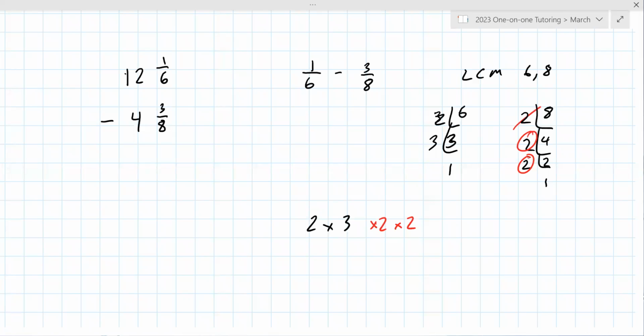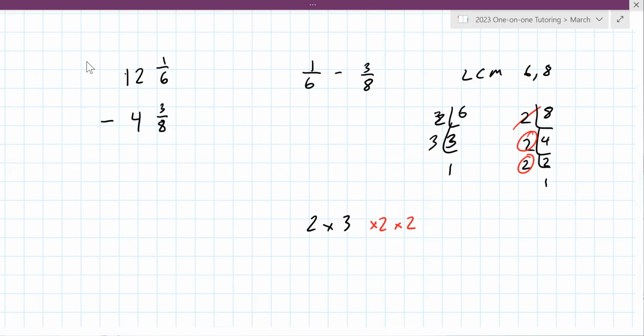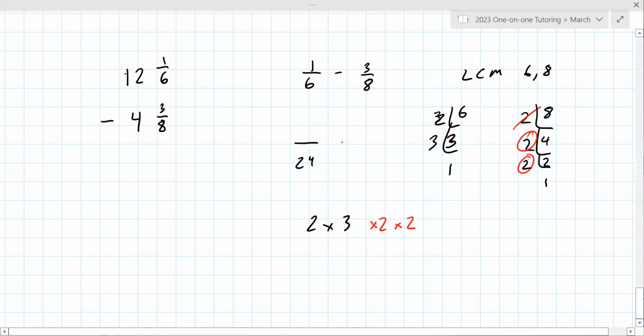Okay, so 24. 24, yes. Okay. So when you write over 24 like this, give me the top numbers.